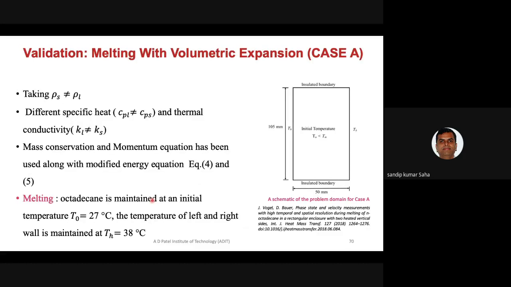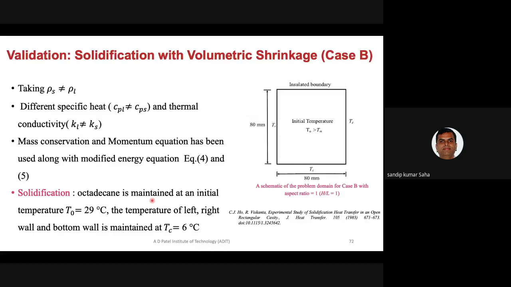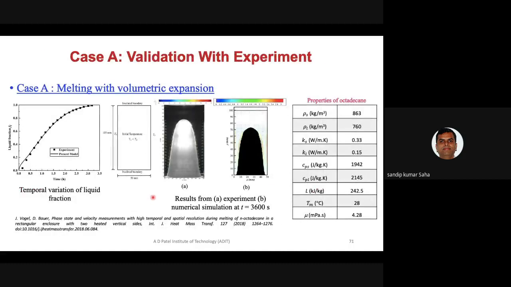Okay, now I have taken some cases where I showed that, when this is validated with the experiments, our model is now predicting well with the experiments for 3 different cases. Means in one case I have chosen different rho_s, rho_l, K will be different, CP_s, CP_l also different.